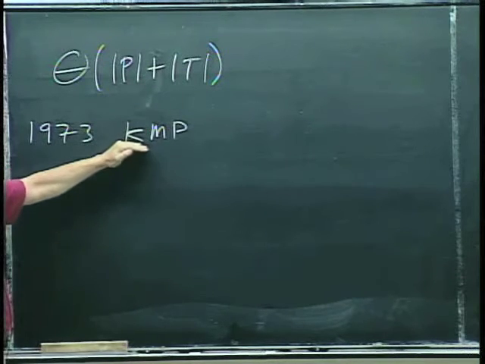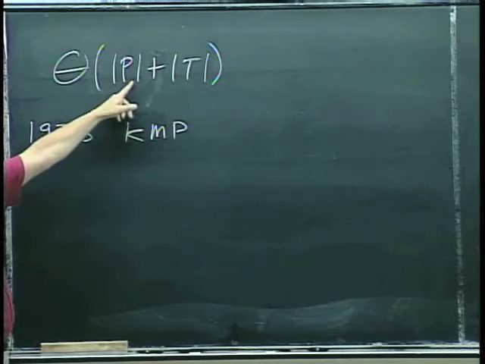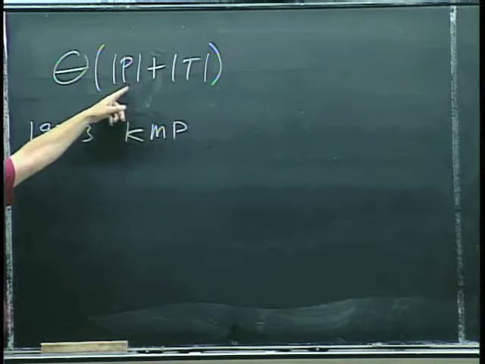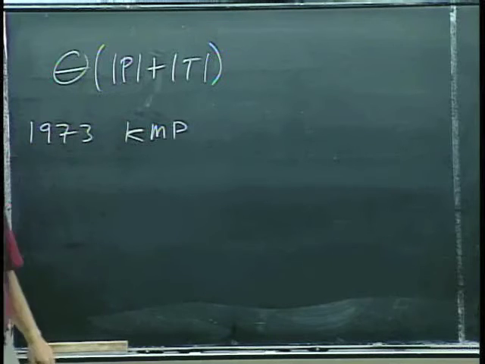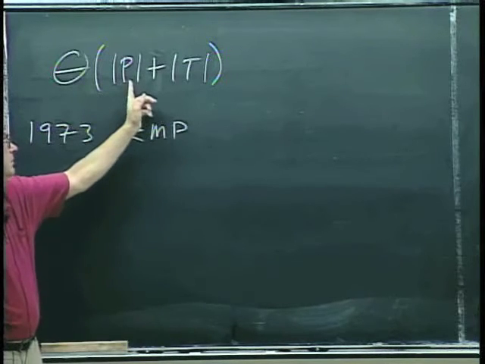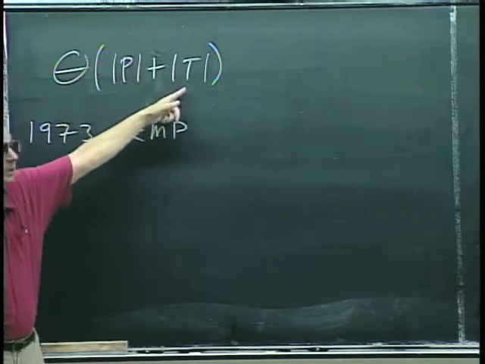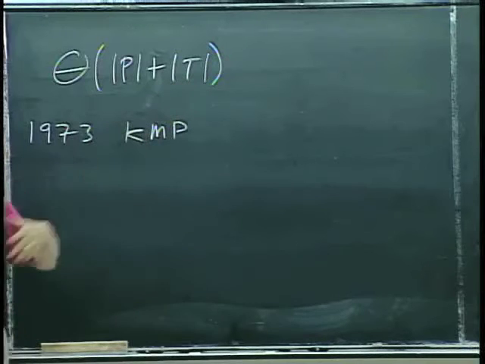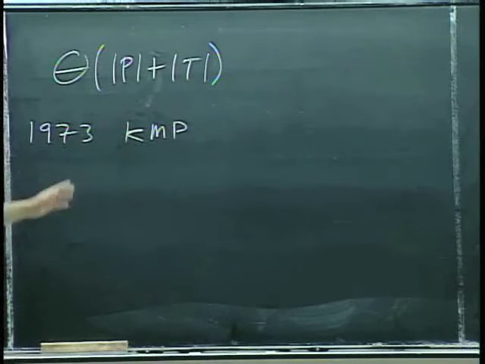So Knuth Morris Pratt showed that you can find all occurrences of the pattern inside of a text in time proportional to the length of the pattern plus the length of the text. And as we've said before, this is linear time. Linear time means that's just proportional to what it takes to read in the data in the first place.